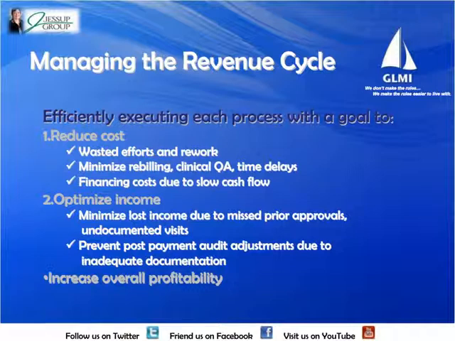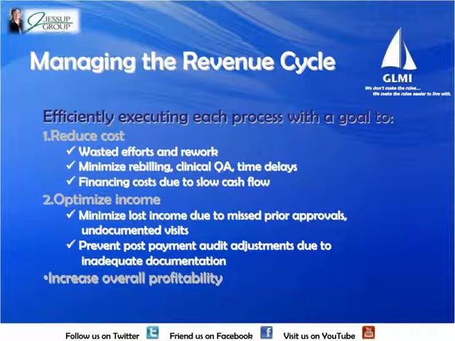On the other side of the coin, not only can you reduce costs, but you can optimize your income. When you think about how many approvals on your managed care claims, if your process for renewing those and for securing the initial prior approval isn't working right, then you're losing income.